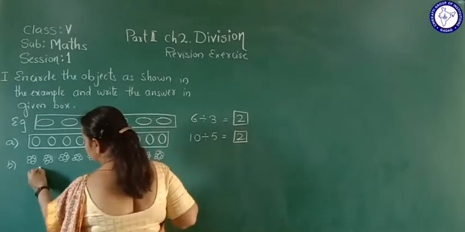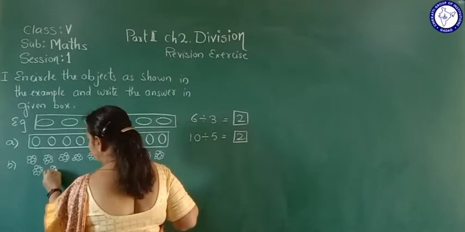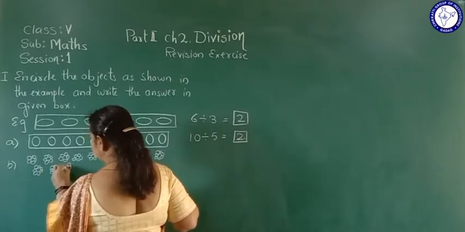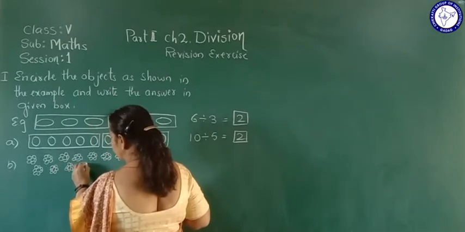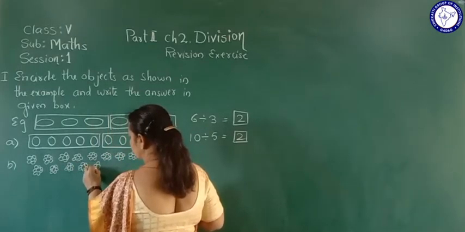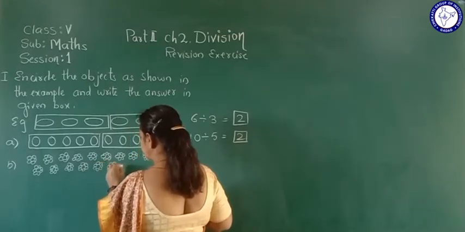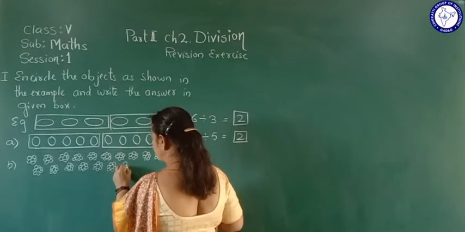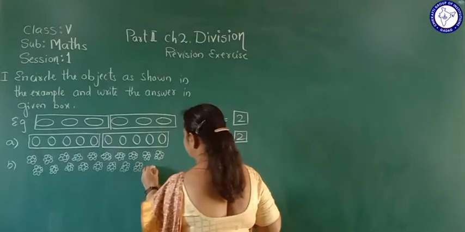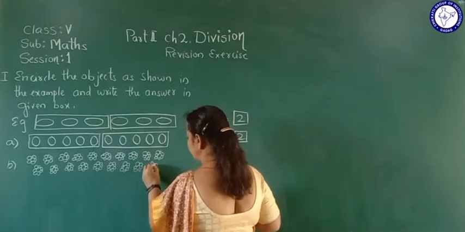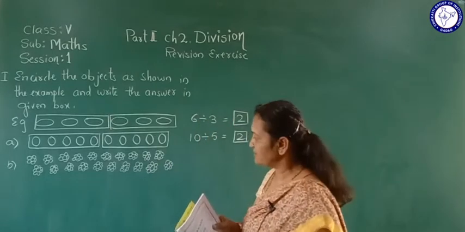Then this is 11, 12, 13, 14, 15, 16, 17, 18, this is 19 and 20. 20 different flowers are given.